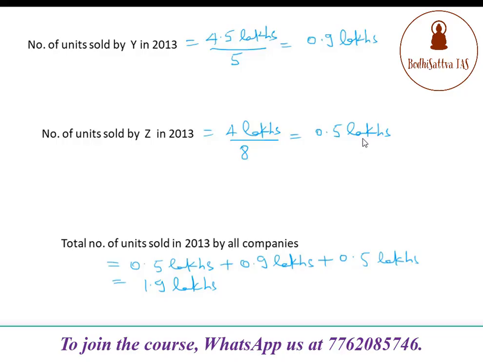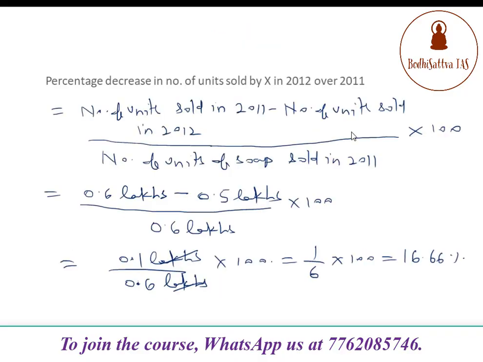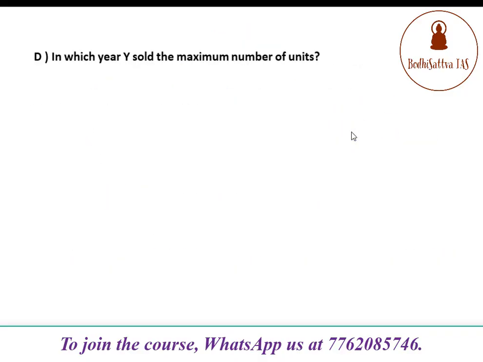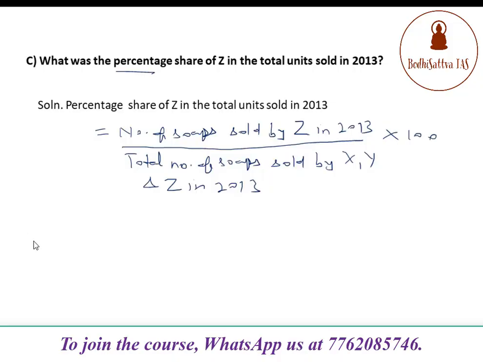We already found this out in part A. So from part A, we can write that Z sold 0.5 lakhs soaps in 2013. Now I have to find out only for company X and company Y for 2013.